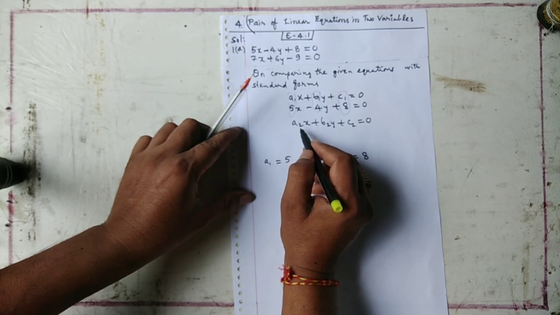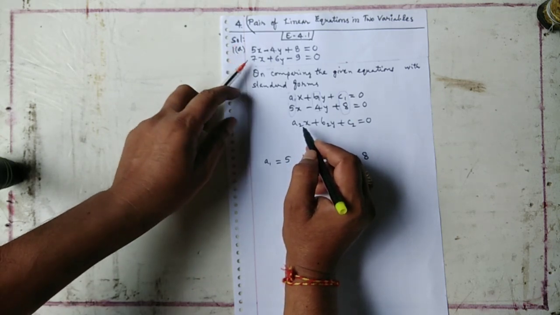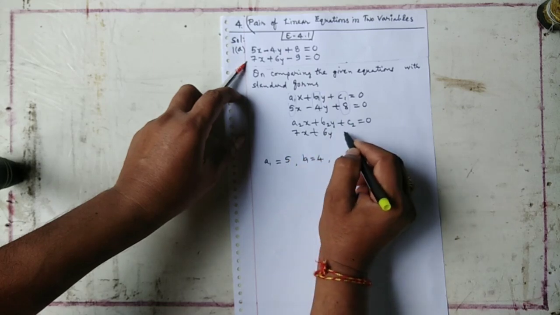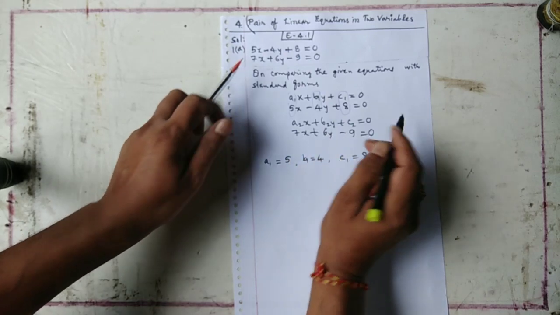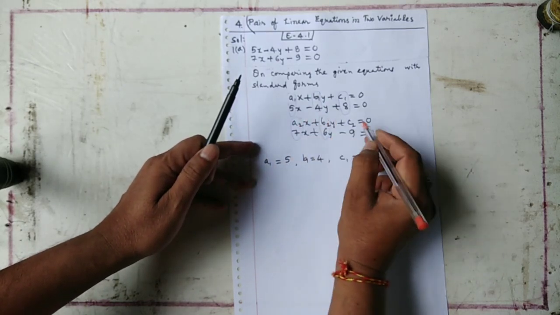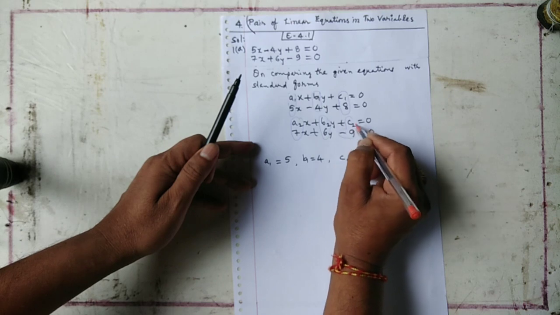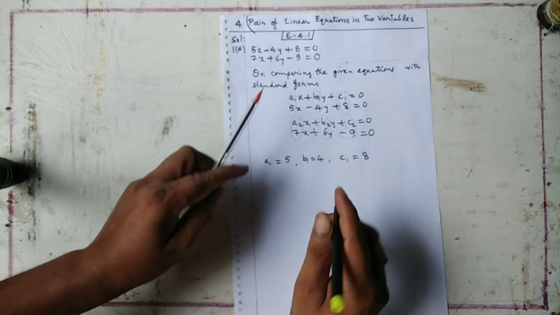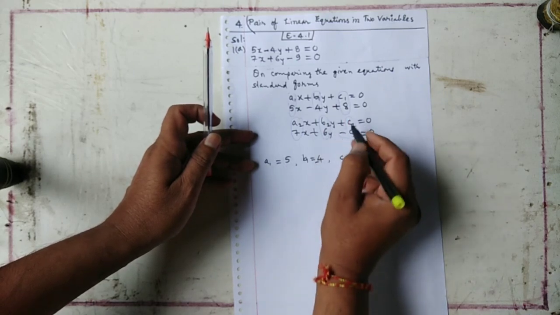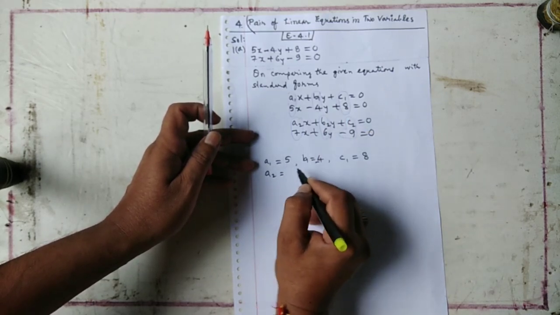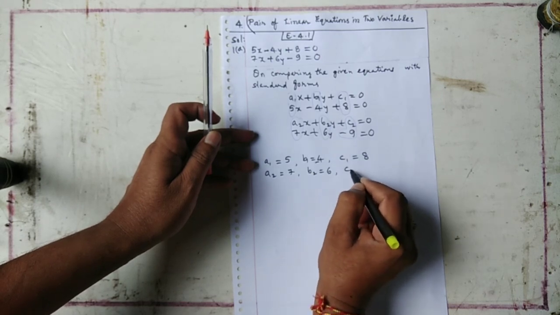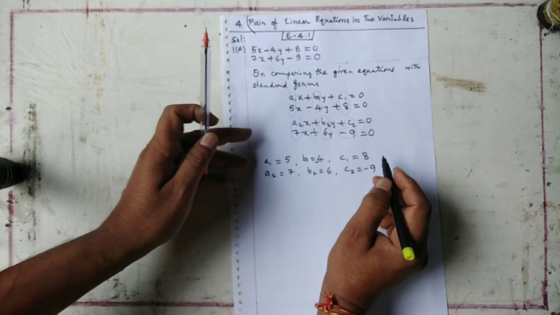This is the standard form. We have to compare the second equation, 7x plus 6y minus 9 is equal to 0. a2 is equal to 7, b2 is equal to 6, c2 is equal to minus 9.